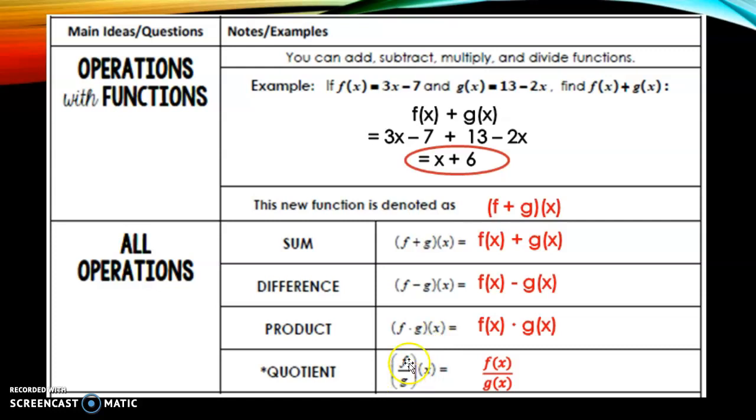And lastly, the quotient. F divided by g is in the first set of parentheses of x. So f of x divided by g of x. So we're going to break this down and see what it looks like and use it to help us solve and simplify. So go ahead and flip to your next slide and we'll get started.